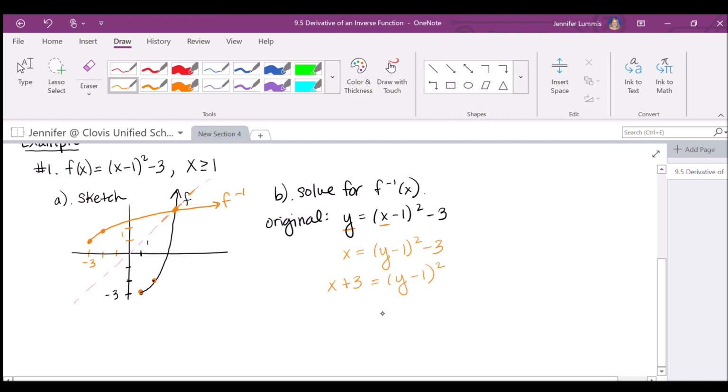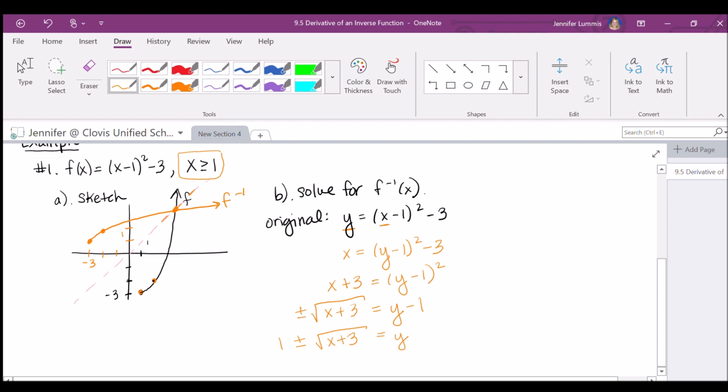You want to be careful. Whenever you square root something, you always get that plus or minus. Although we're going to have to determine which part we actually want to keep. Do we want both? Do we only want the positive? Or do we only want the negative? This is actually going to be based on the domain of x that we were given here. So let's finish up first by adding 1: y equals 1 plus or minus the square root of x plus 3.